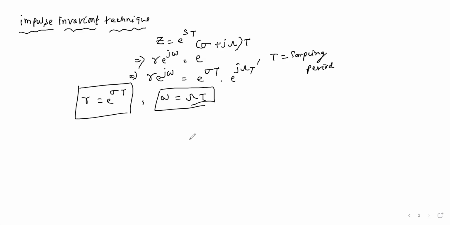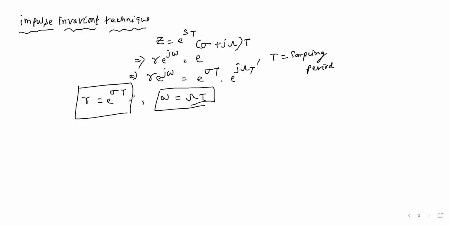This relation you got: r equals e to the power sigma T. What is r? r is the radius of the unit circle, simple.